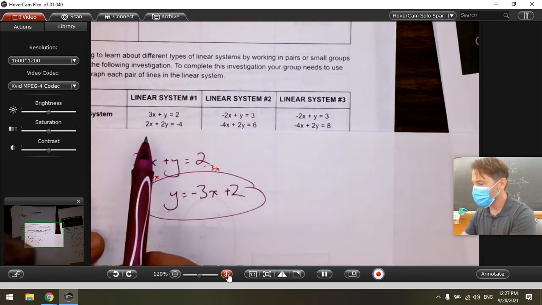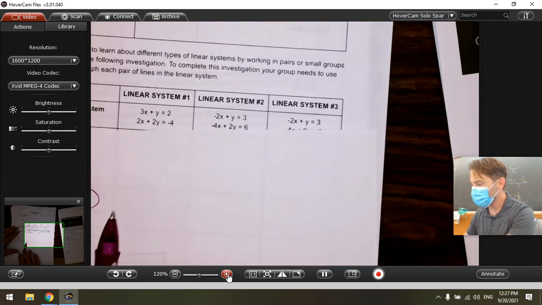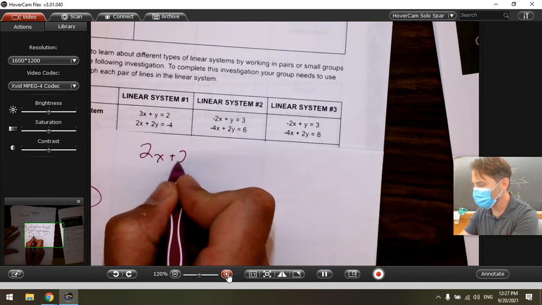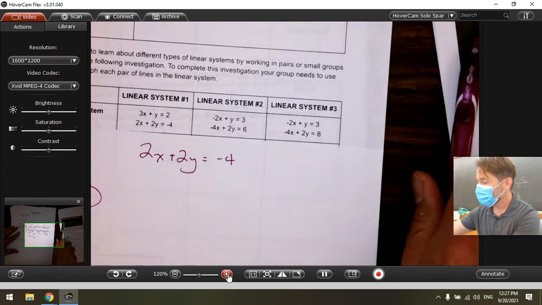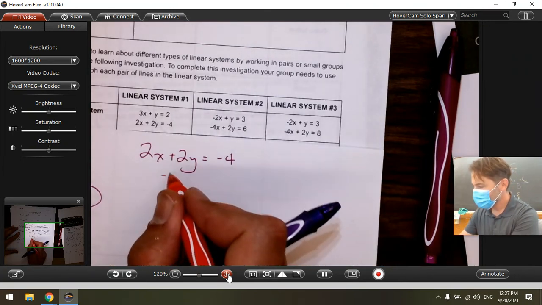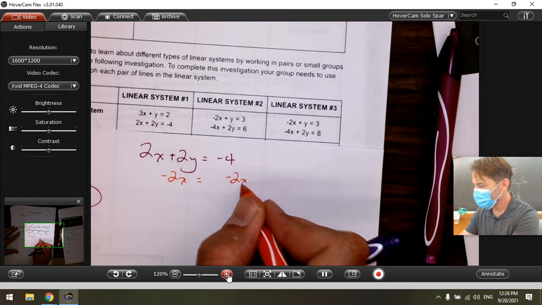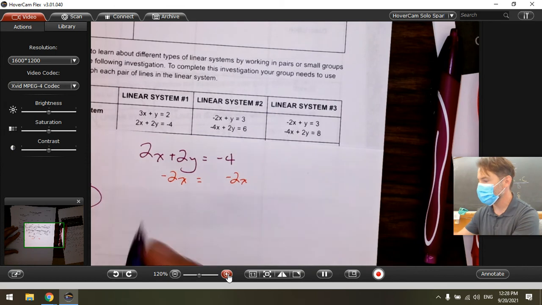Good. Now this next line, 2x plus 2y is equal to negative 4. Let's work on that one. Let's do the same thing. 2x plus 2y is equal to negative 4. Subtract 2x from both sides. So we're trying to figure out what y of the y equals mx is. Yeah, I would do that first before I do my sketches.